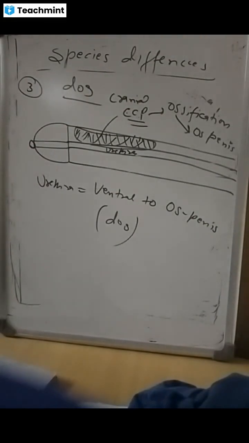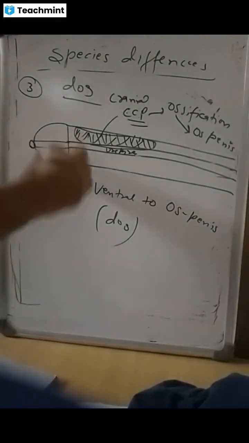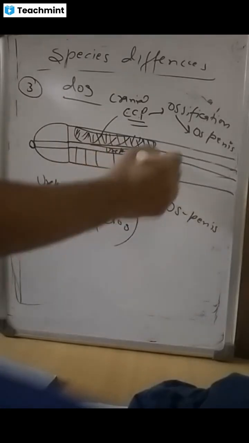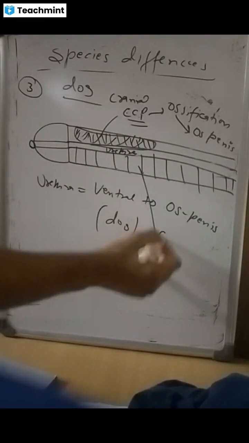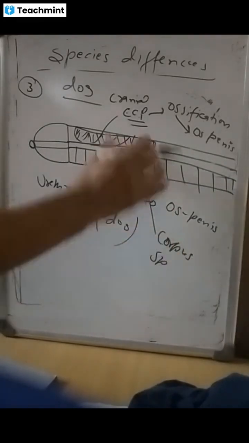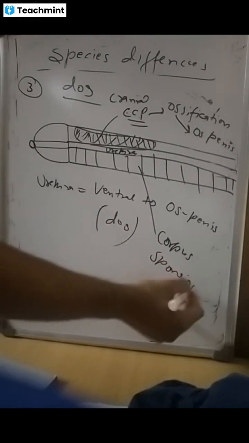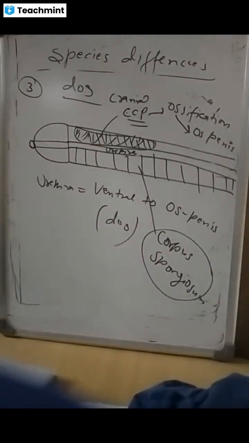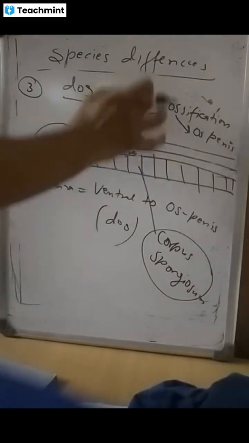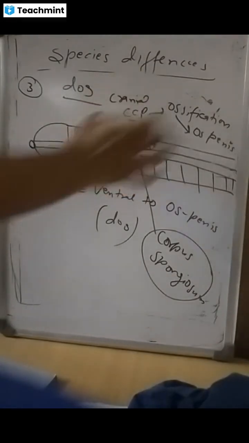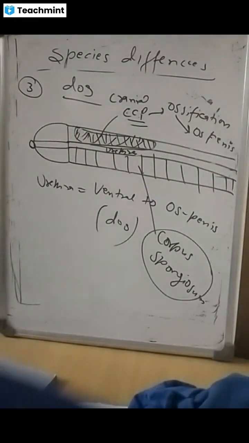That happens in case of dog. There is no ossification of the spongiosum muscle. This is spongy tissue on which urethra is sitting. There is no ossification. Only the cranial part of the corpus cavernosum gets ossified, forming the os penis.